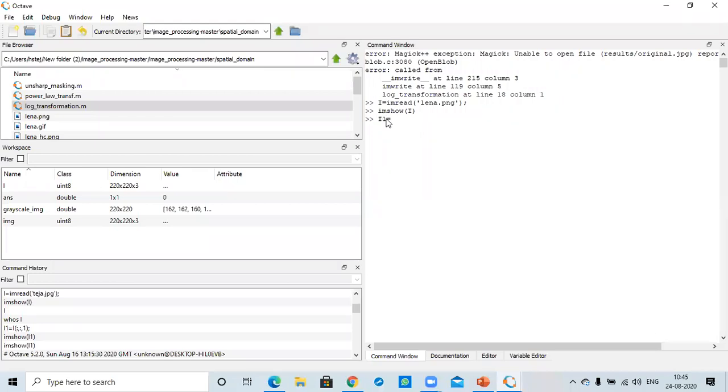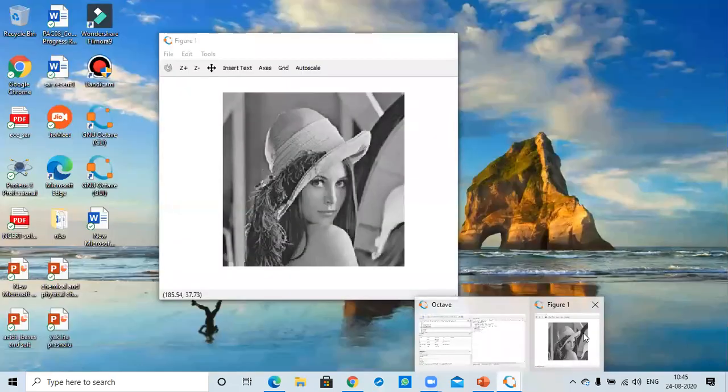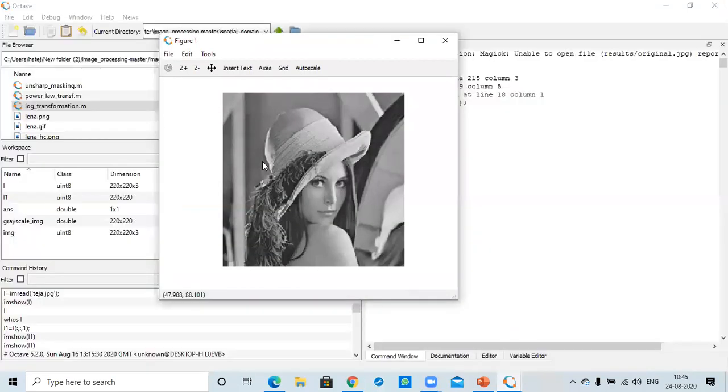I1 is equal to rgb2gray of I. Now you see the color image has been converted to only gray levels with so many intensity values.